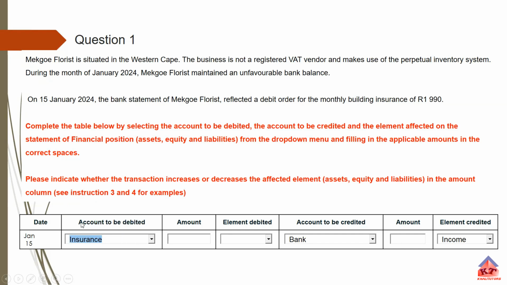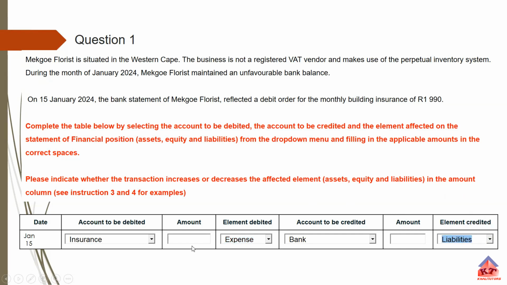Then we debit that. And then the type of element, in this case, we know that this is an expense. Then you select expense. In terms of the account to be credited, the money comes from the bank. Remember, it is a bank overdraft. So instead of having the bank as an asset, in this case it is a liability. So this is what is going to happen.